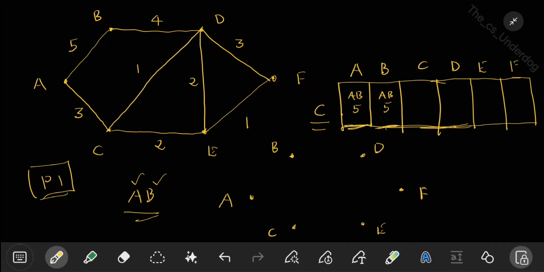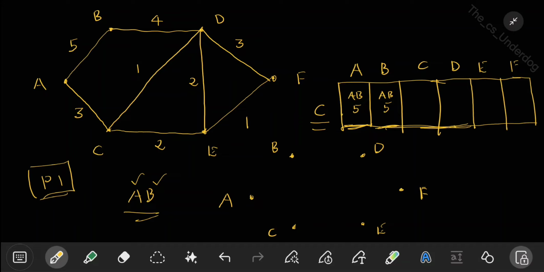This means for vertex A, whichever be the component in which vertex A is present, in that component, as of now, among the edges that we had seen, the smallest weighted edge that is going out of that component is AB. This is what it means.